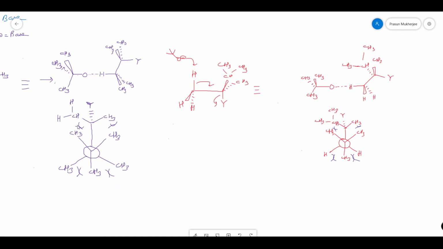This steric interaction and that steric interaction are also similar to these two. So this situation favors most a large base like tertiary butoxide and also this base.